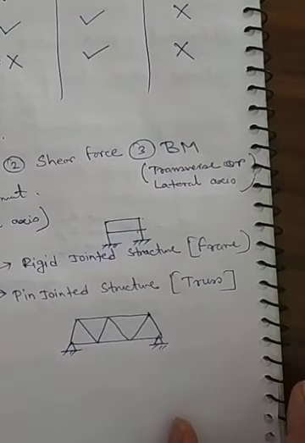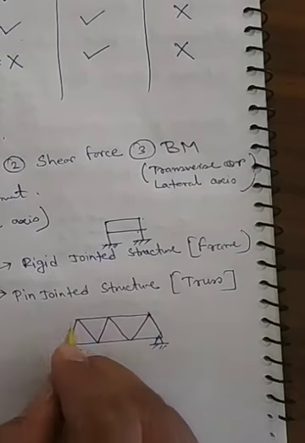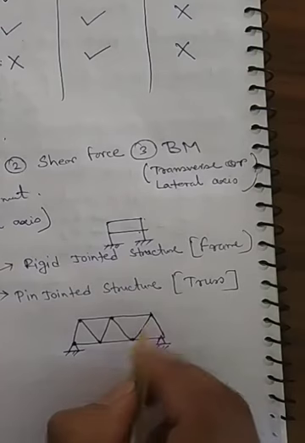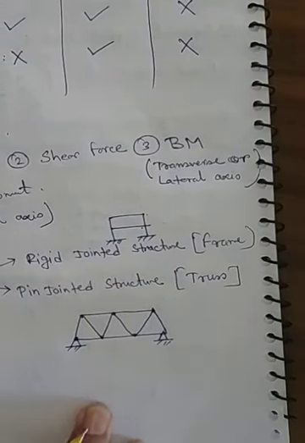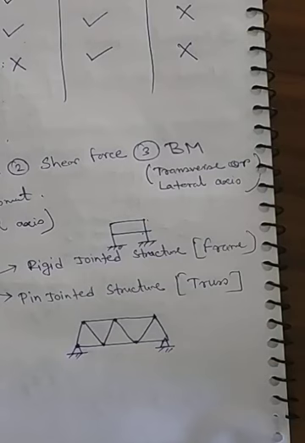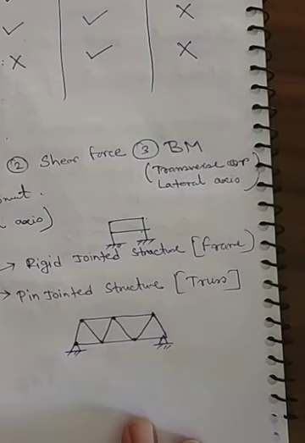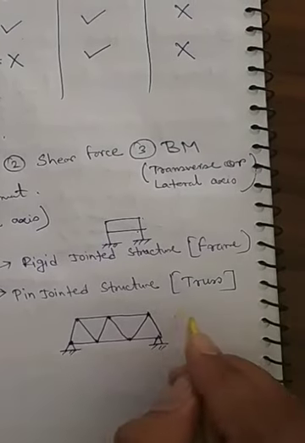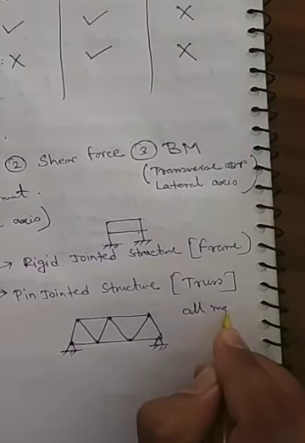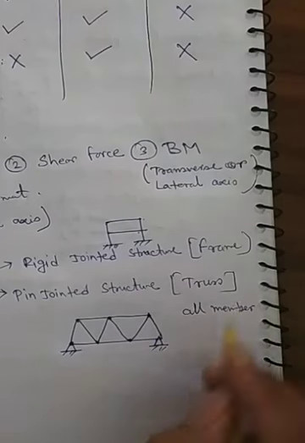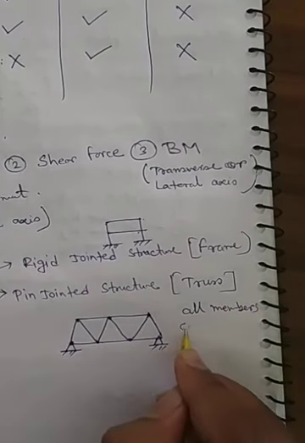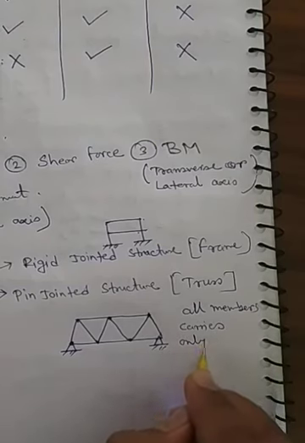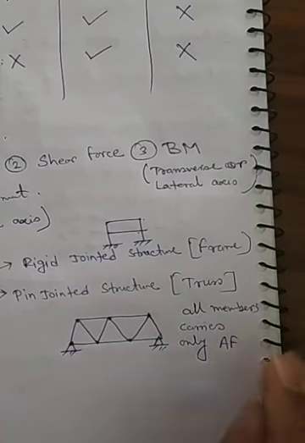This is a truss structure. These joints are pin jointed, so this is called a pin jointed structure. This joint is pinned, right? Remember one thing: in case of truss, only in case of truss, all members carry only axial forces.